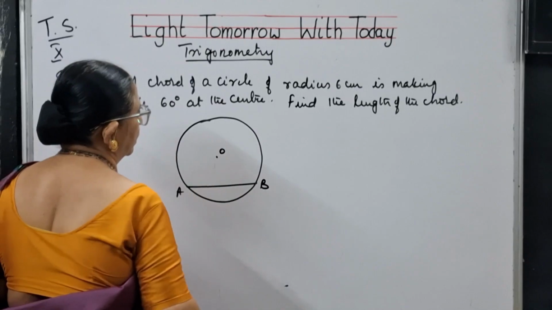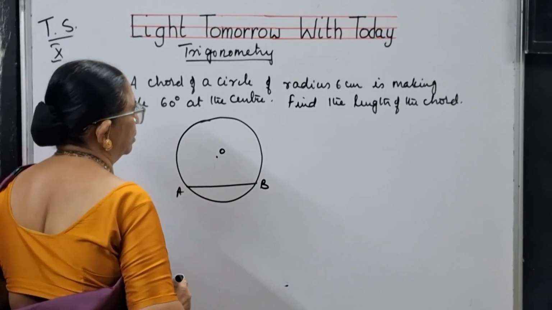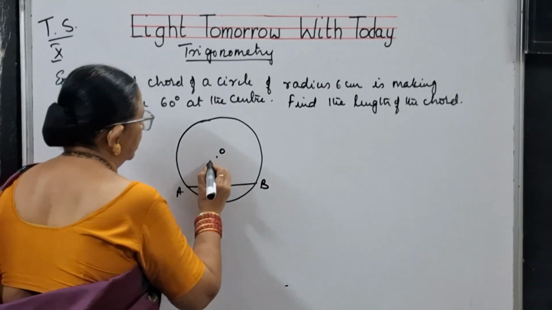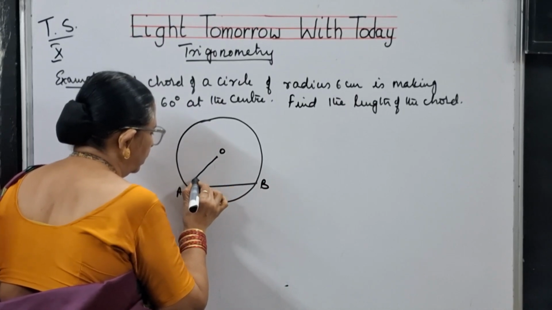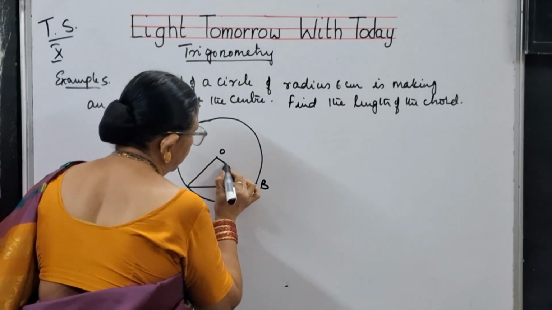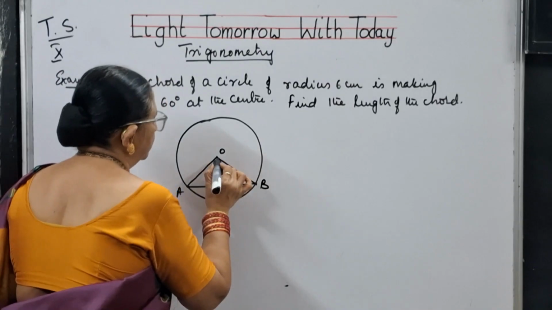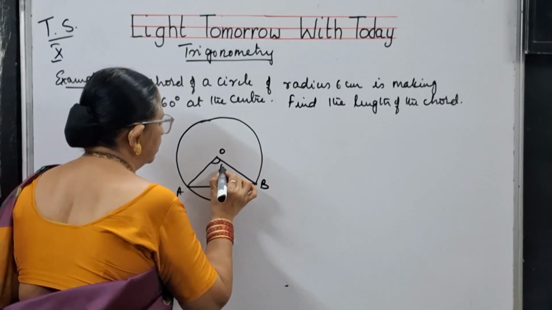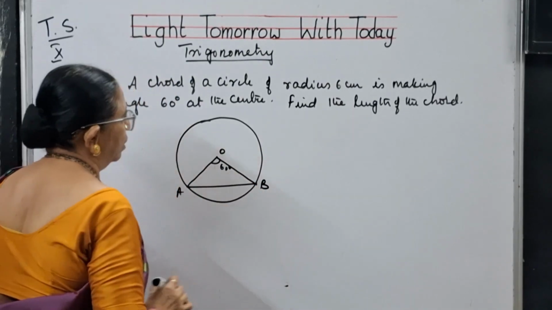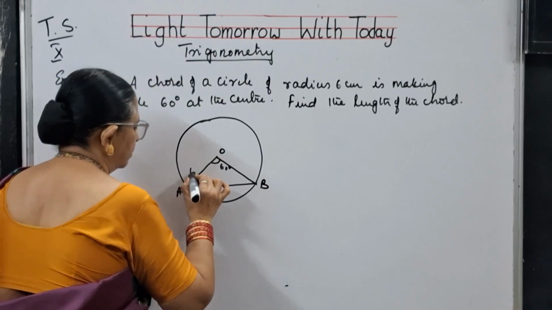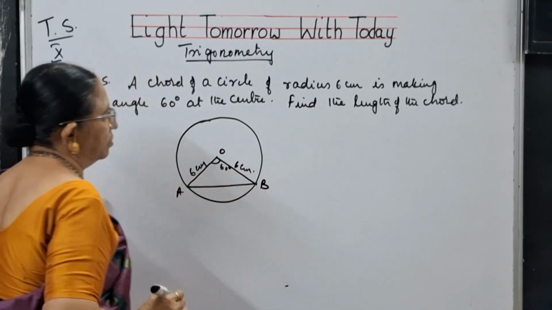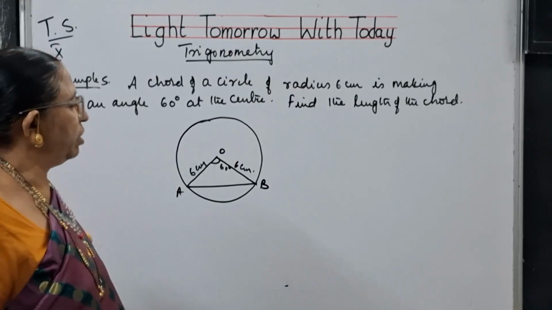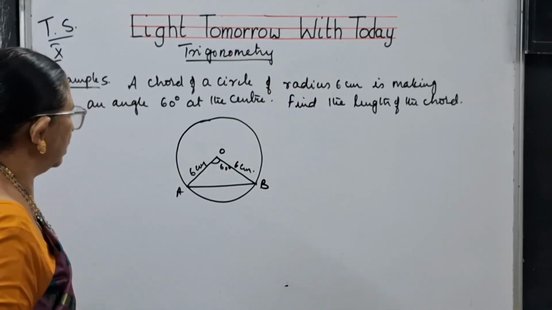A chord of a circle of radius 6 centimeters is making an angle 60 degrees with the center. That means if you join AO and OB, this angle is 60 degrees. And this is radius 6 centimeters, then this is also radius 6 centimeters. Now the question is, find the length of the chord.